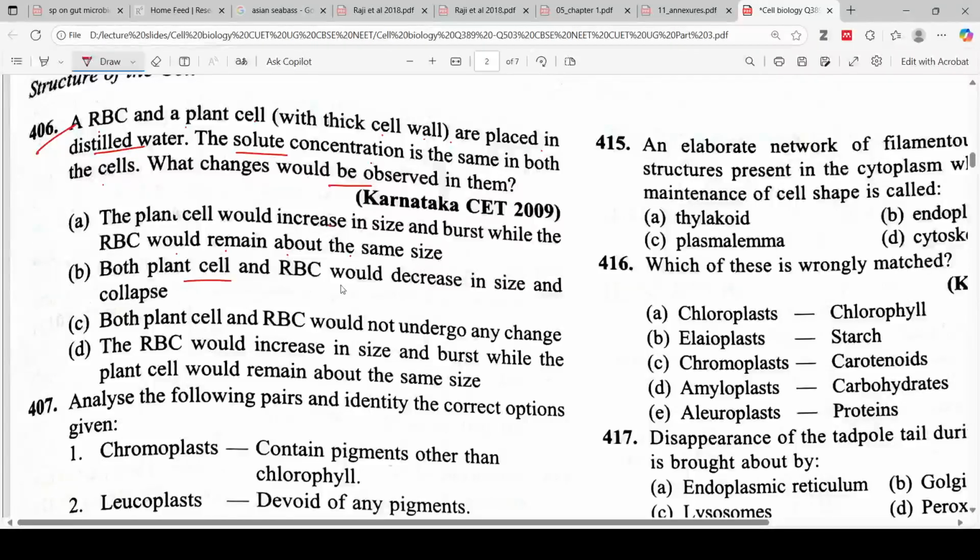Both plant cell and RBC would decrease in size and collapse. Both plant cell and RBC would not undergo any change. Option D, the RBC would increase in size and burst, while the plant cell would remain about the same size. So the correct answer will be option D.